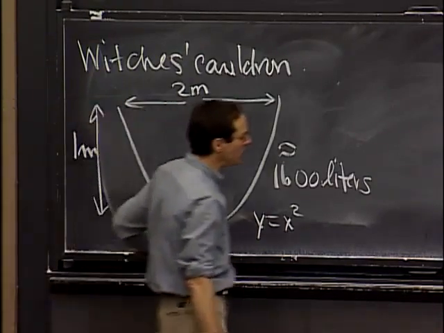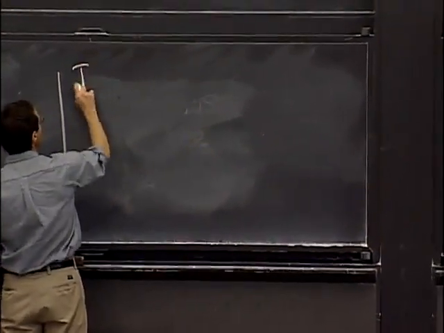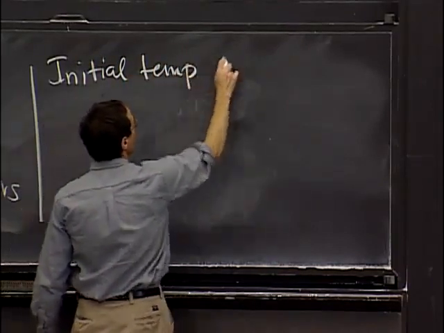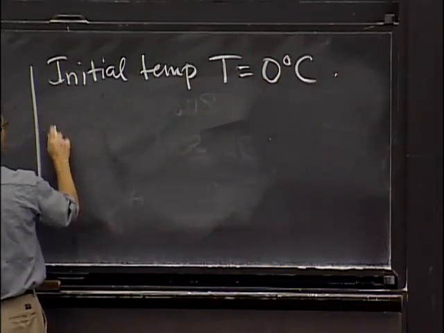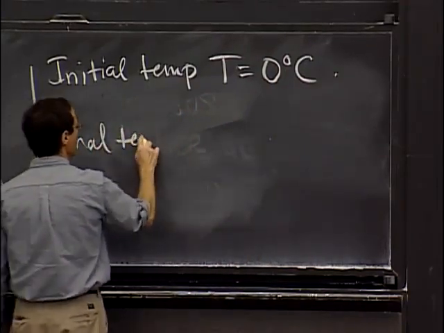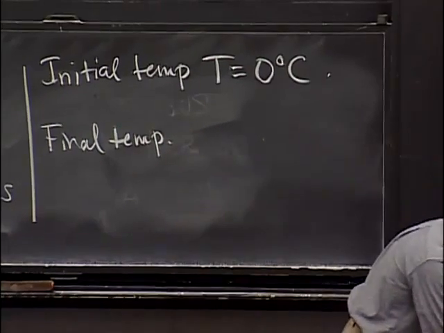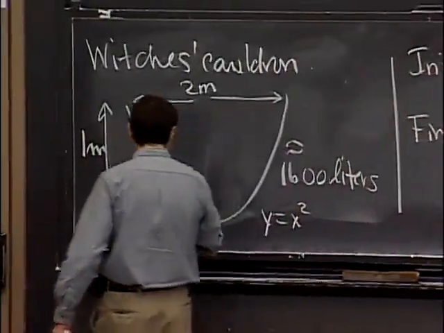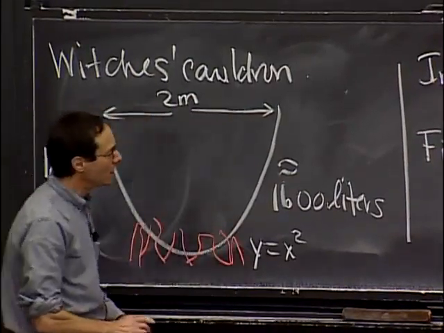And the situation that I described at the end of last time was that the initial temperature was T equal to 0 degrees Celsius, and the final temperature, instead of being a constant temperature, we were heating this guy up from the bottom, and it was hotter on the bottom than on the top.